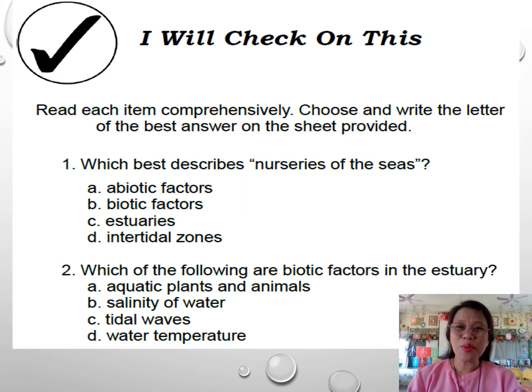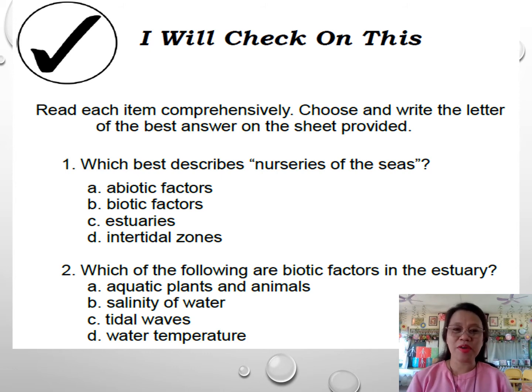So, before we start with our main lesson, let us try to check on this first. You may now get your answer sheets, get ready with them together with your ball pen because we will now be answering your pretest. Okay? Thank you. Now, let me read the direction first.